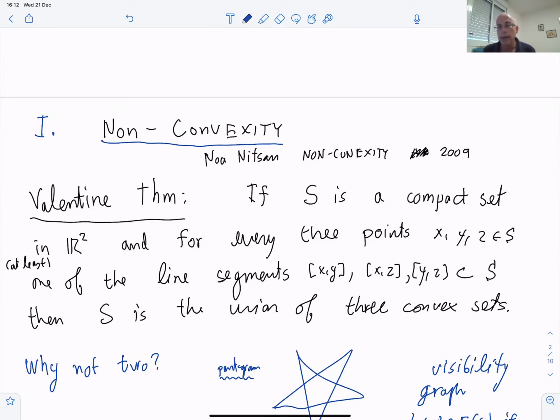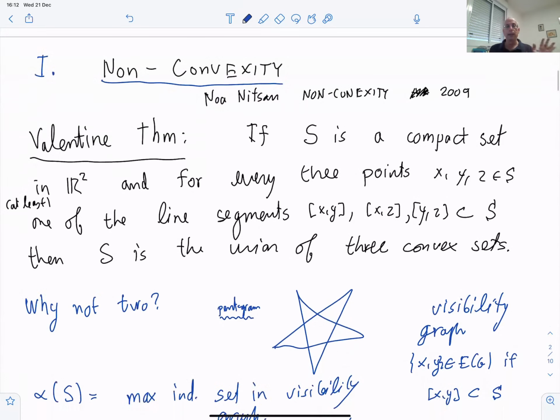This is a whole area, and if this is something you're all familiar with, then just interrupt me and I'll move to other things. So here is Valentine's theorem, and it says the following: if S is a compact set in R2, and for every 3 points x, y, and z, at least one of the line segments xy, xz, and yz is included in S, then S is the union of 3 convex sets.